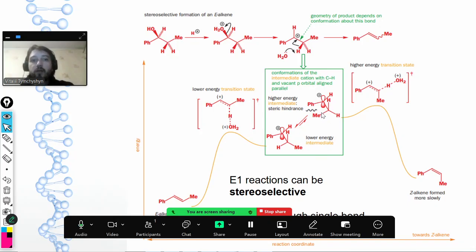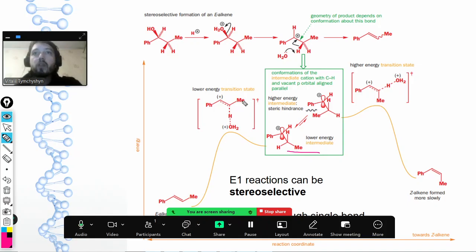Here you have the methyl group on one side with the phenyl ring, and basically this is a sterically hindered conformation. They don't like to be close to one another, so you get a little bit higher energy, and here you have them on opposite sides, and here you have a little bit lower energy.